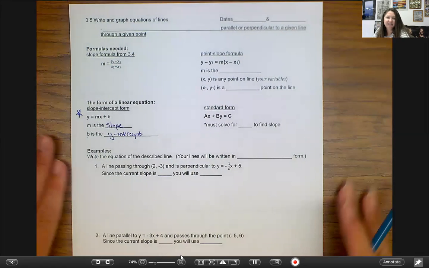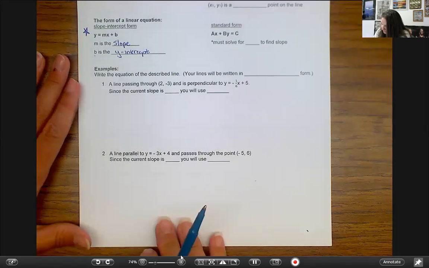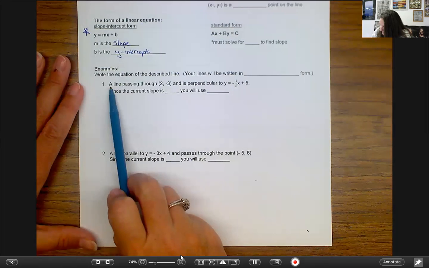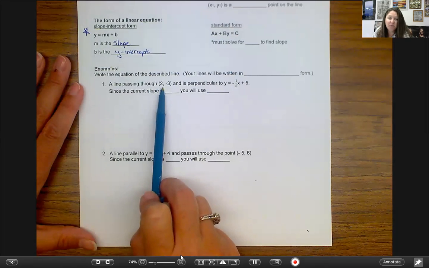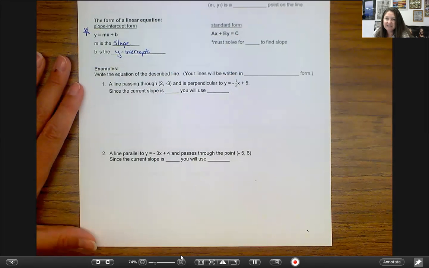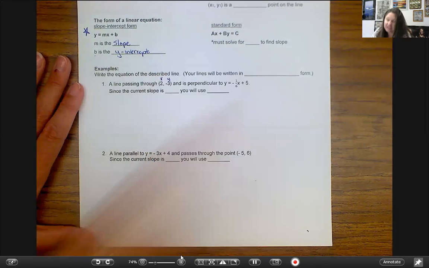So let's look at a couple examples to work our way through. First, a line passes through a specific point. We know that (2, -3) needs to be on our line. So this would give us a value for an x coordinate and a y coordinate.